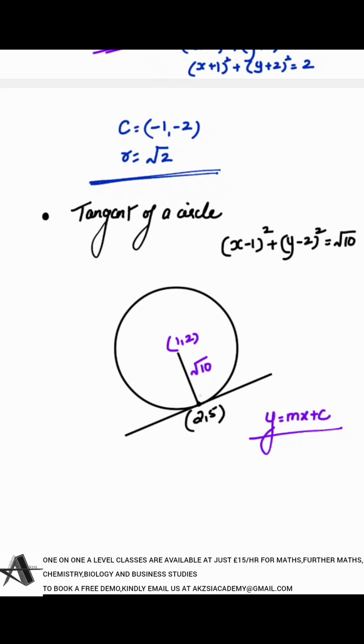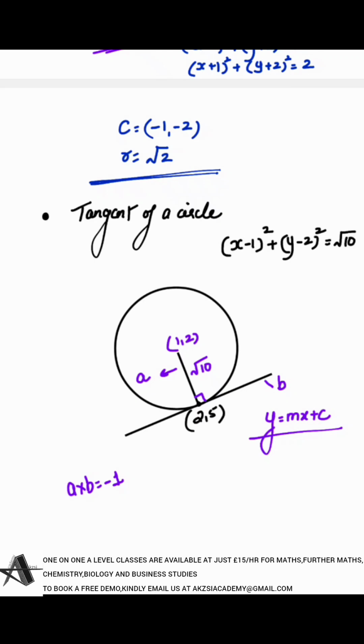They both are perpendicular. Now there is one more thing that we have studied earlier: if two lines are perpendicular to each other, the product of the gradients of those two lines will equal negative 1. That means suppose A is the gradient of this radius line and B is the gradient of this tangent, then A multiplied by B will give me negative 1.